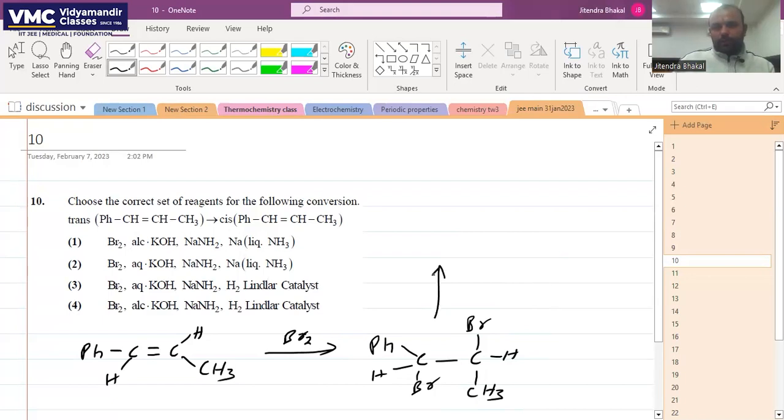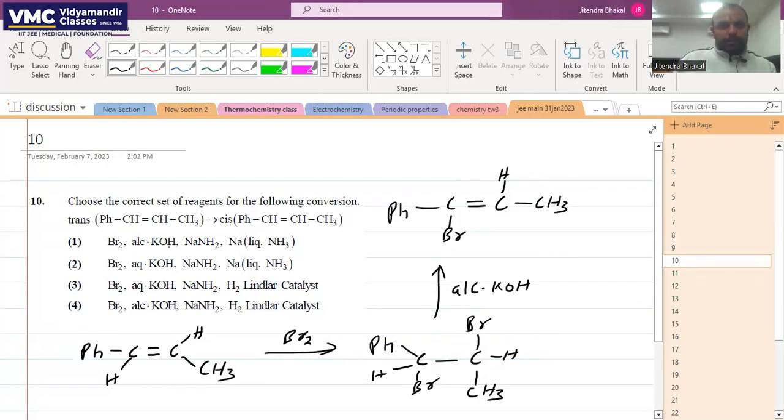Now with alcoholic KOH, it will eliminate one HBr from here and will form Ph, C, Br, double bond, H, CH3.